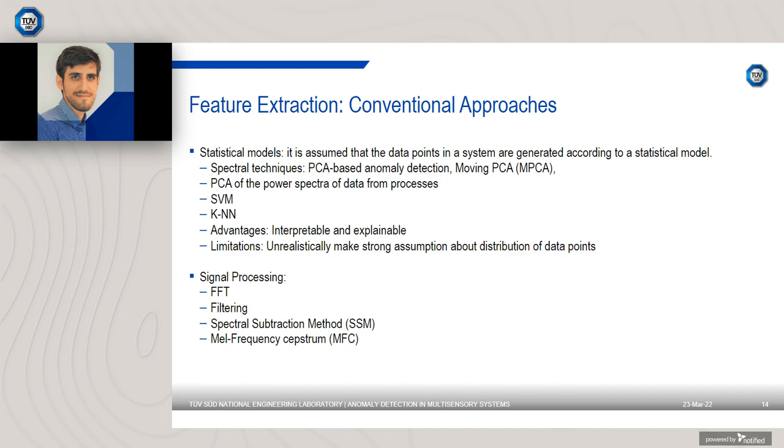It is commonly used for dimensionality reduction, and it projects each data point onto only a few principal components. So it is a technique to transform high dimensional data to lower dimensional data.